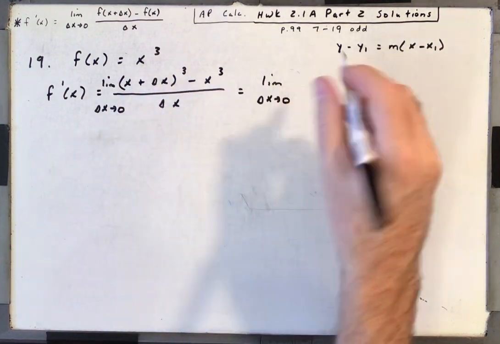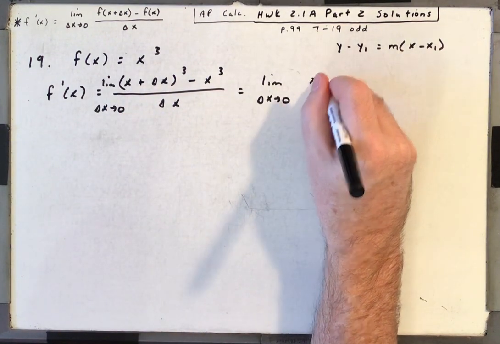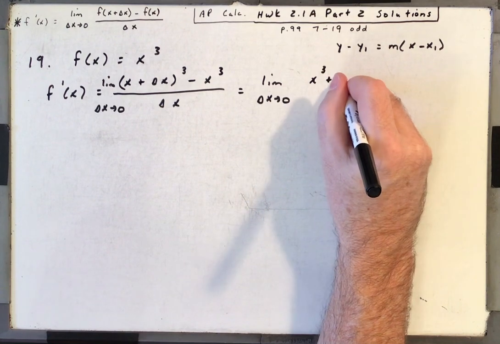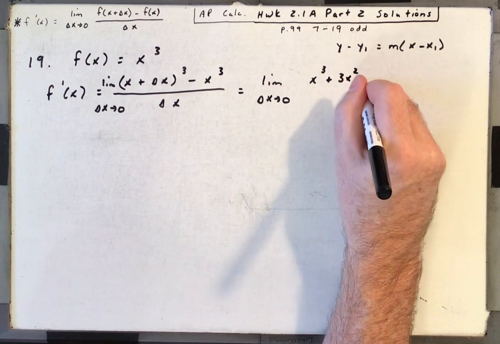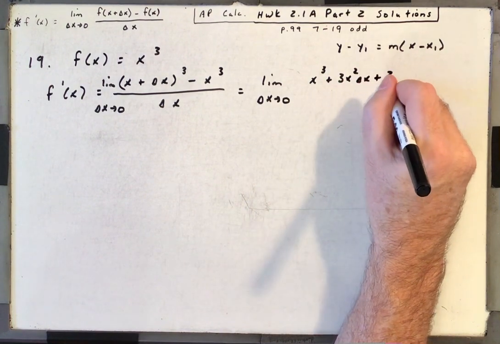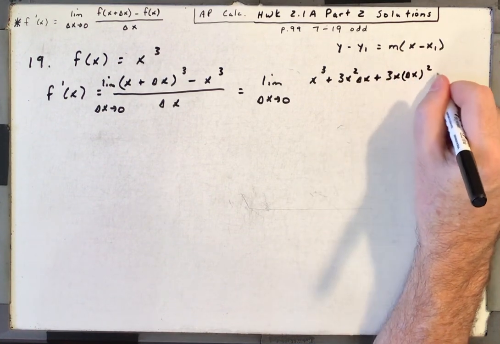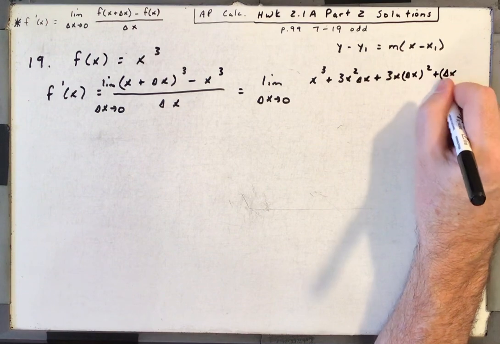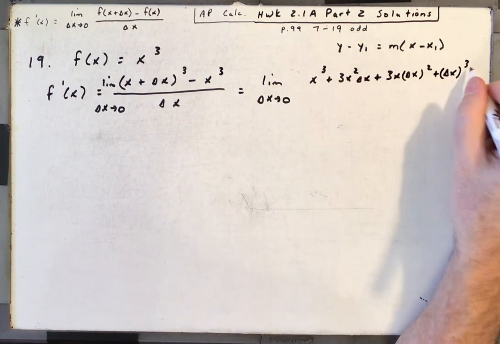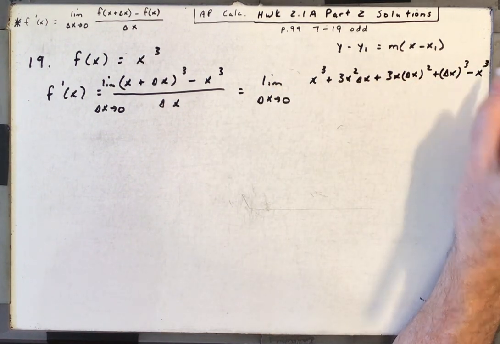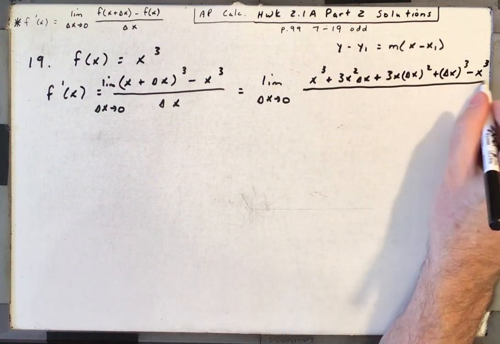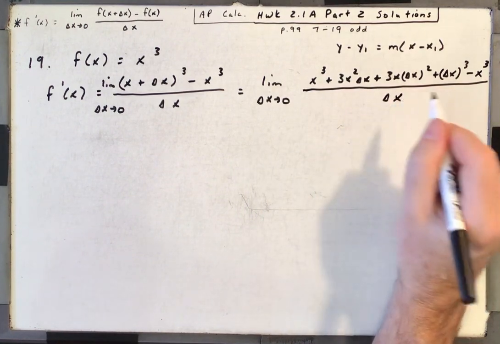We have our cube expansion. It's going to be x cubed plus 3x squared delta x plus 3x delta x all squared plus delta x all cubed, minus x cubed, over delta x.